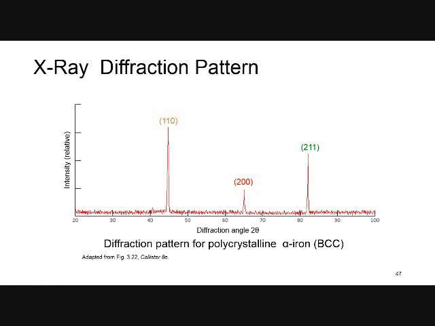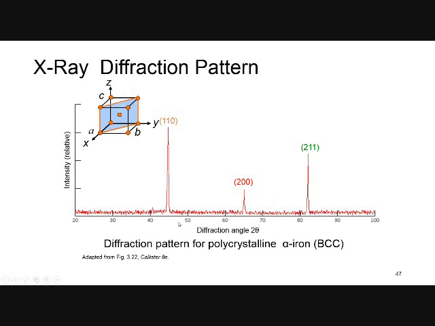The same point is used here. If we look at the diffraction pattern for polycrystalline alpha iron, which has a BCC crystal, we can see we have a higher intensity at these 3 points.